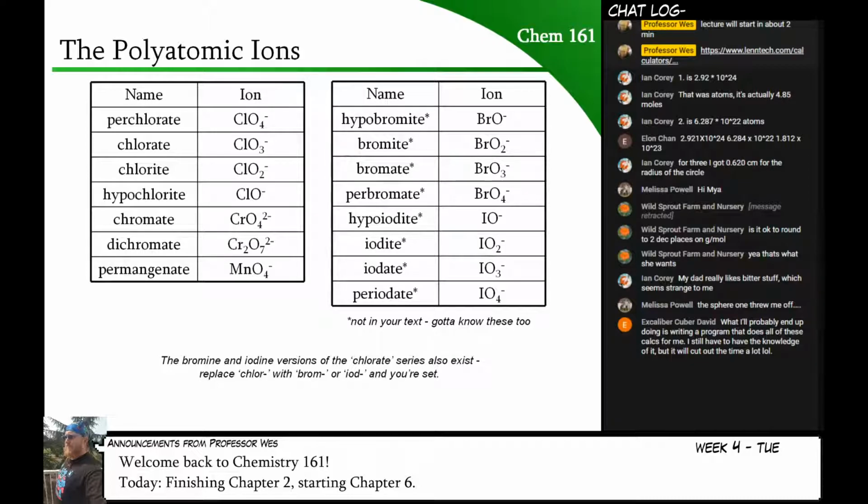And the chlorates are in your text, but the bromates and the iodates aren't for some reason. Worth knowing. I've used sodium bromite for a specific reaction in the science fair. So it's odd where these things come up.